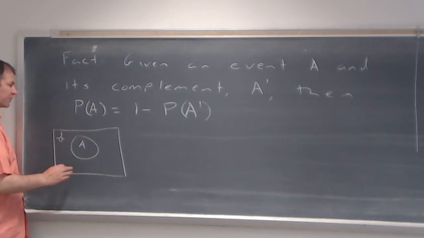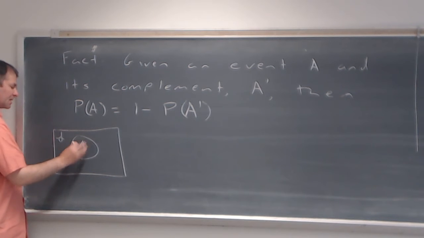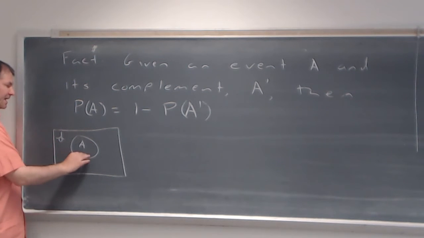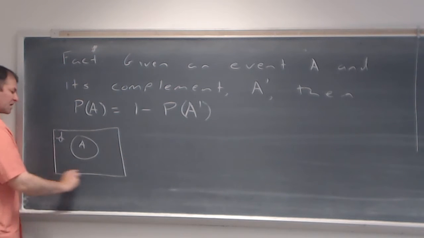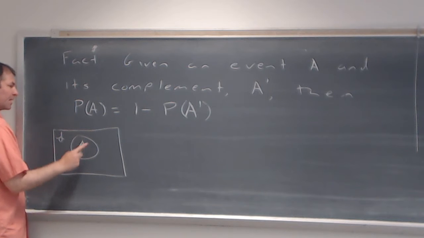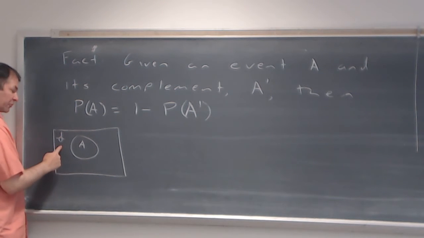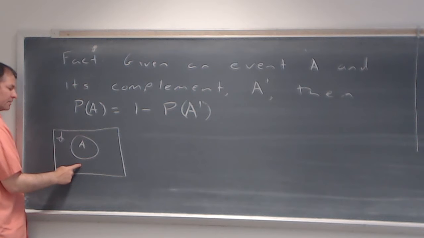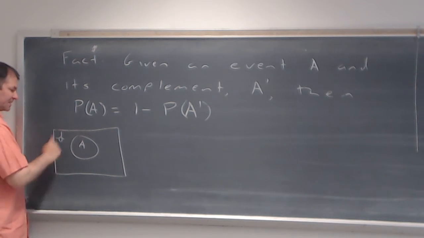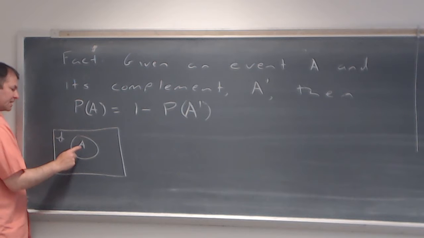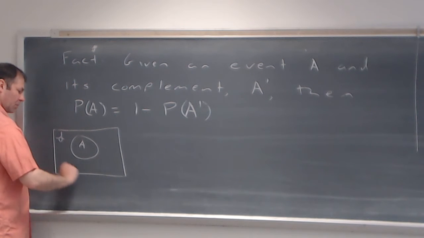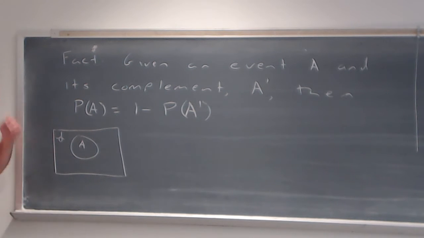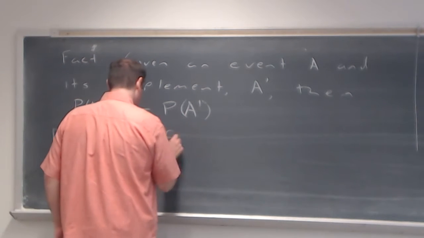What we're trying to show is that the probability, or the worth, of this set A is equal to 1 minus the probability, or the worth, of the complement of A, which is what's outside of A. The sample space has probability 1, so think of this square as a piece of land worth $1. The probability of this part of the land is the same as 1 minus the worth of what's outside of it. So that makes sense. But let's do a proof here.